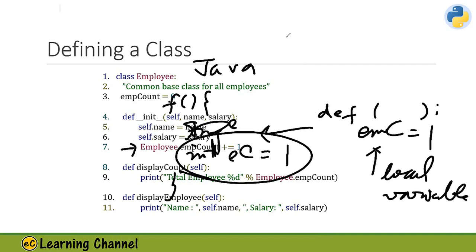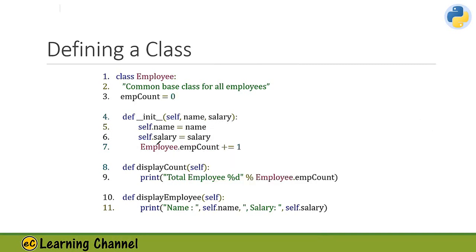In that case, if you don't say it's a class variable, you won't get here. If you actually remove this one, it becomes local. Okay, it becomes a local variable. And if you actually say it's a class variable, it will point to this class variable here. Is that okay?